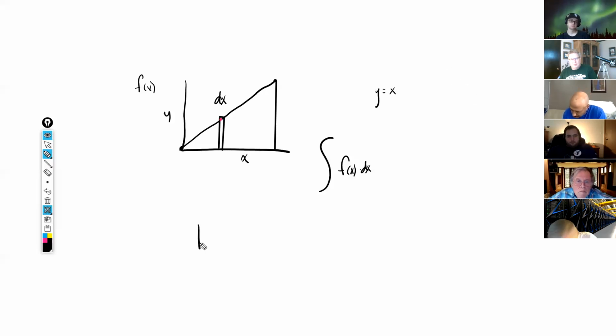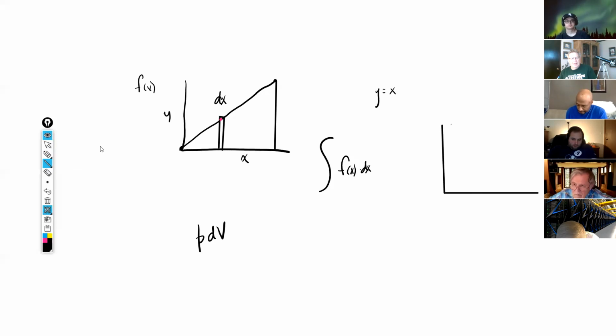So if I said to you P dV, I could graph this and do the same thing. But this time, what is this axis? I'm changing the volume, so this is the volume, not the velocity. This is the pressure. Now, if I were to make the volume a lot smaller, what do you think the pressure is going to do?